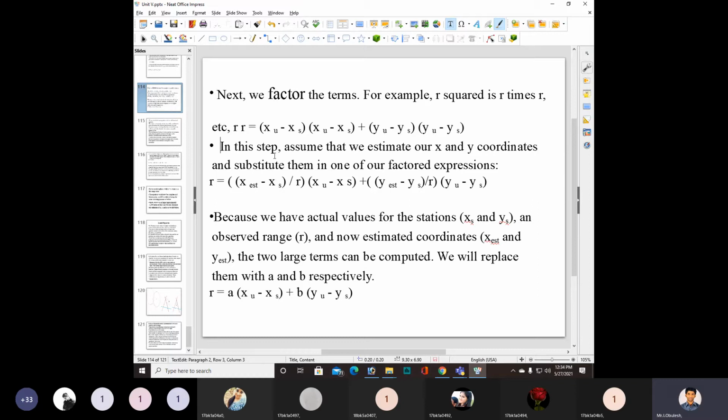So there is no change in that, but the factors of the term are represented like this. XU minus XS into XU minus XS equals XU minus XS whole square. Similarly, YU minus YS into YU minus YS is YU minus YS whole square.